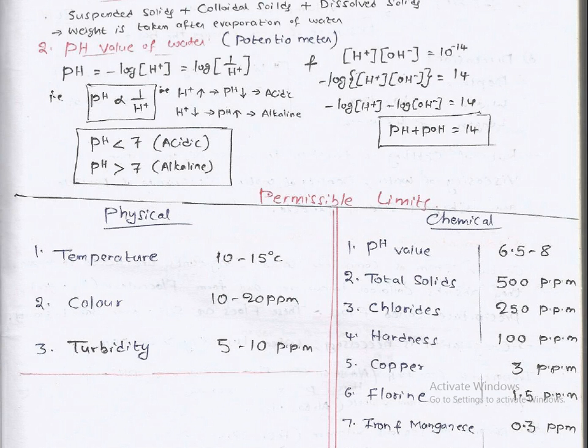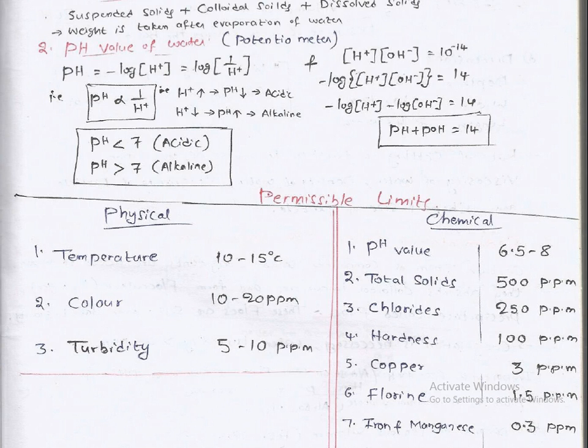pH value of water is measured with a potentiometer. pH equals negative log of H+ ion concentration, which equals log of 1 upon H+ ion concentration. That is, pH is inversely proportional to H+. As H+ increases, pH decreases: acidic. As H+ decreases, pH increases: alkaline.